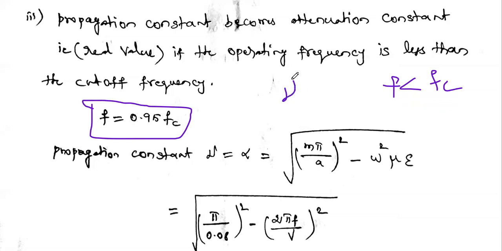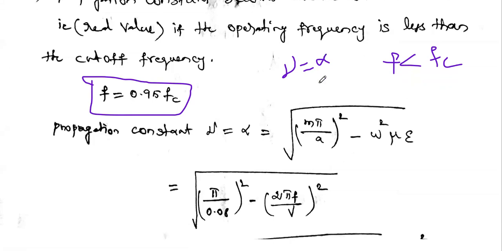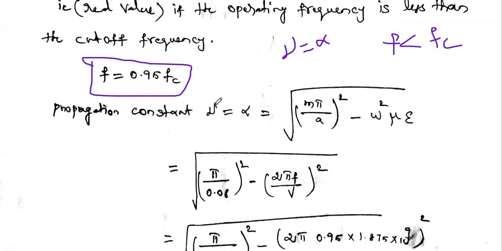So the propagation constant becomes alpha. In order to find the attenuation constant alpha, you just find the propagation constant. The propagation constant becomes a real value, and that real value is called the attenuation constant. So the propagation constant equals alpha equals the square root of, you know the formula, (m pi by a) the whole squared minus omega squared mu epsilon.